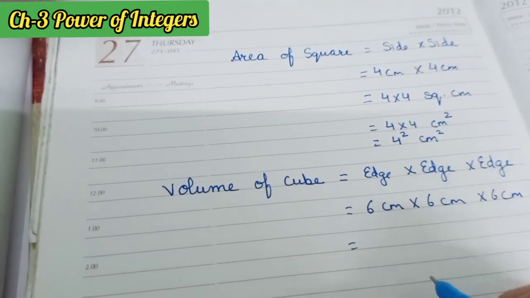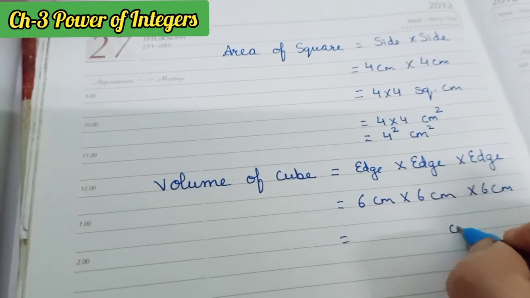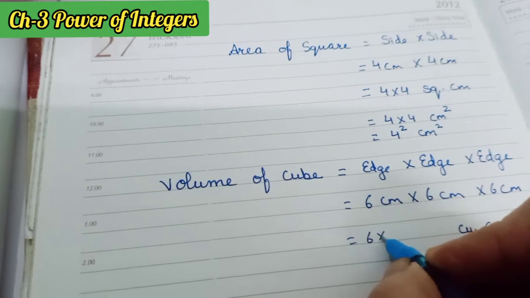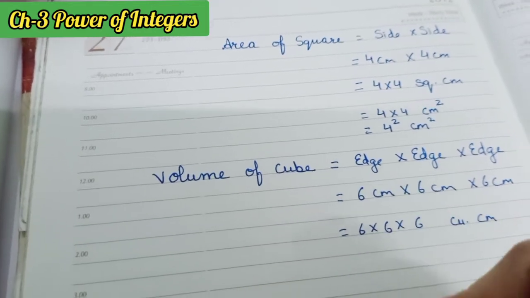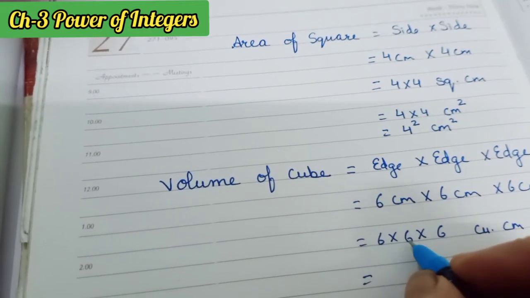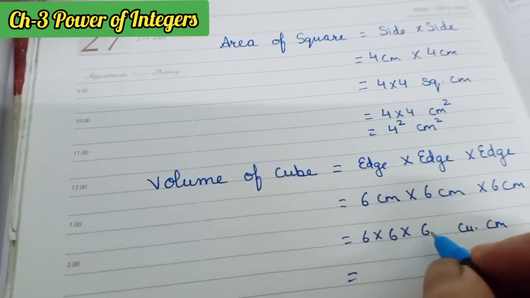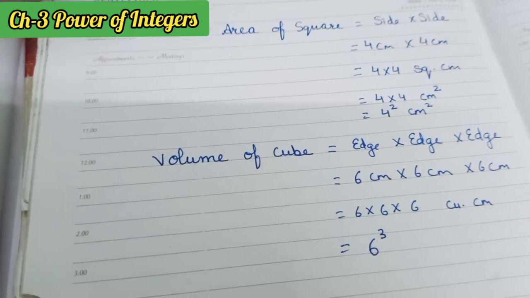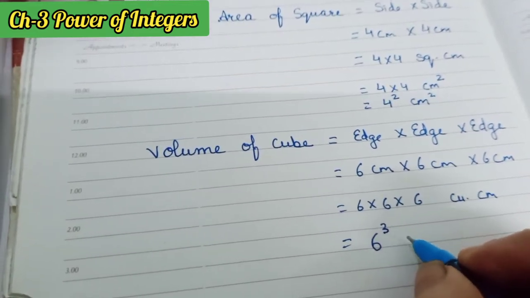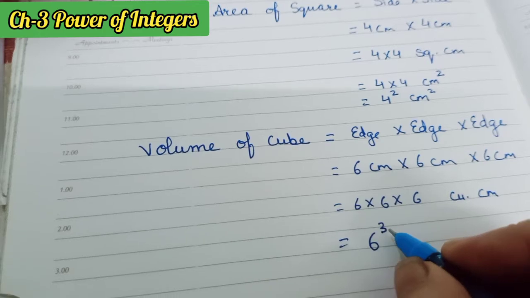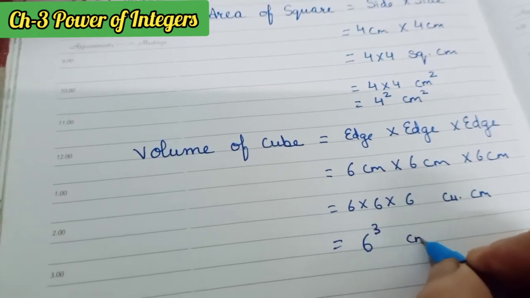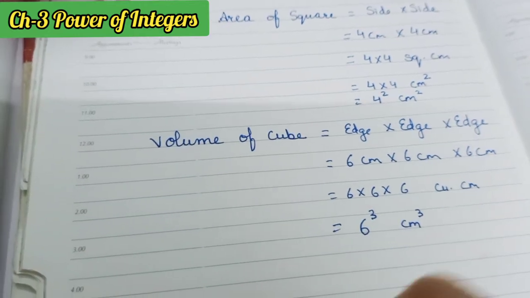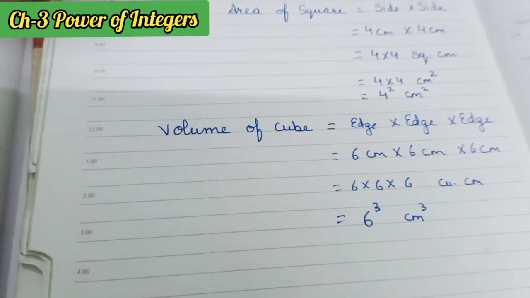Here centimeter is 3 times, so we will write cubic centimeter, and 6 multiply 6 multiply 6 means 6 is 3 times, so we will write 6 raised to power 3, and in centimeter also it is 3 times, so we will write centimeter cube. So 6 cube and centimeter cube.